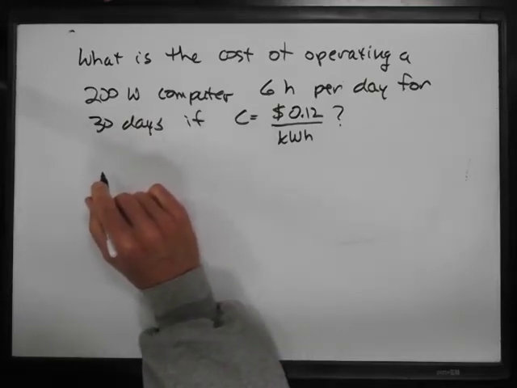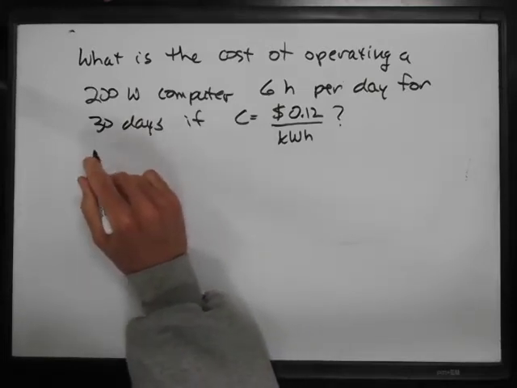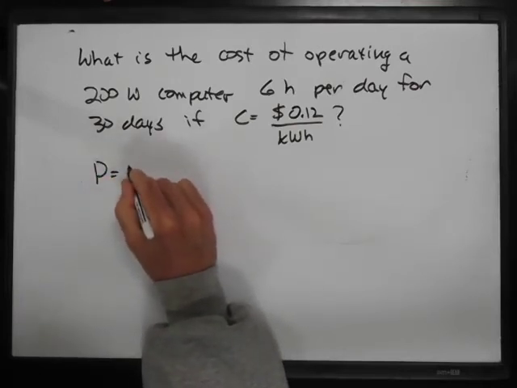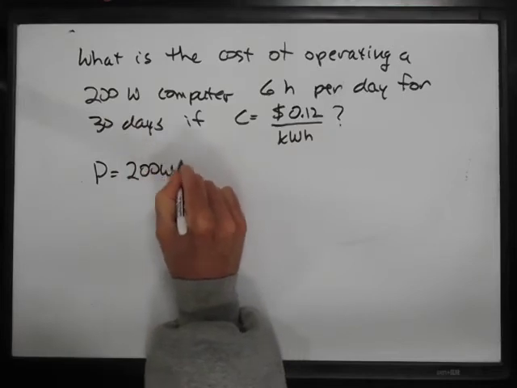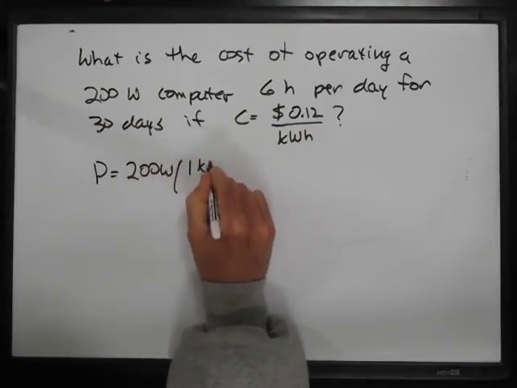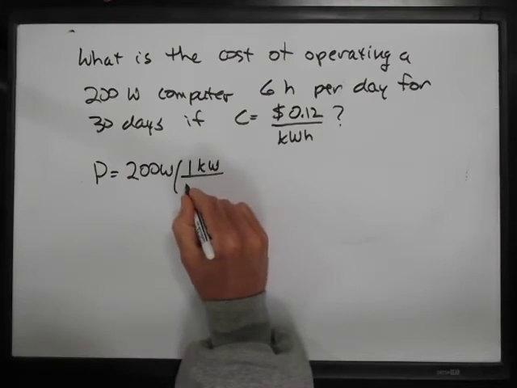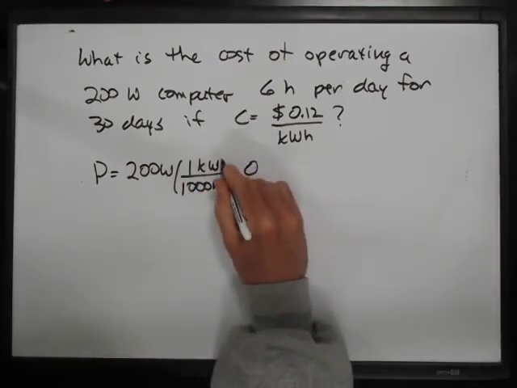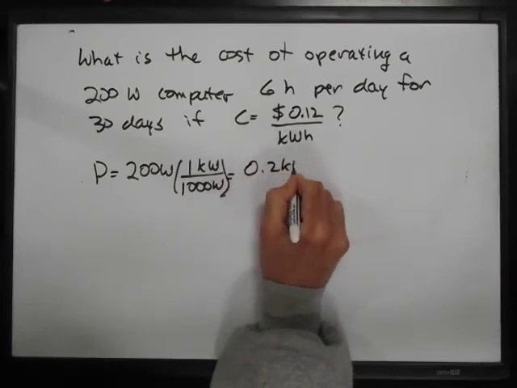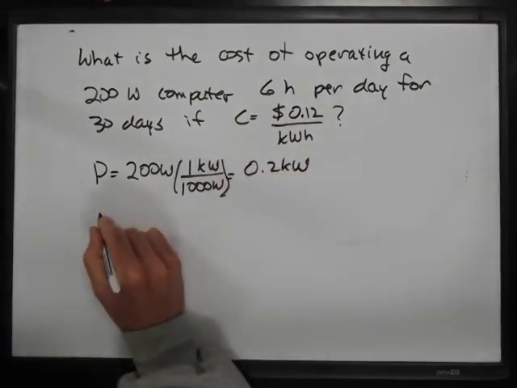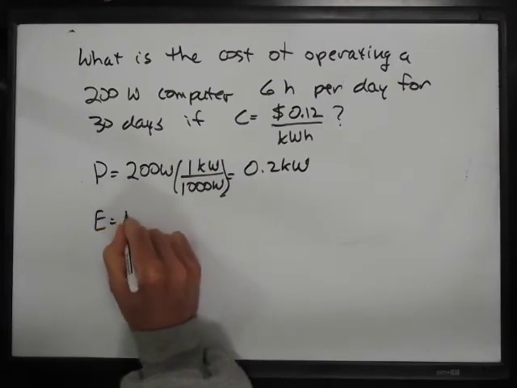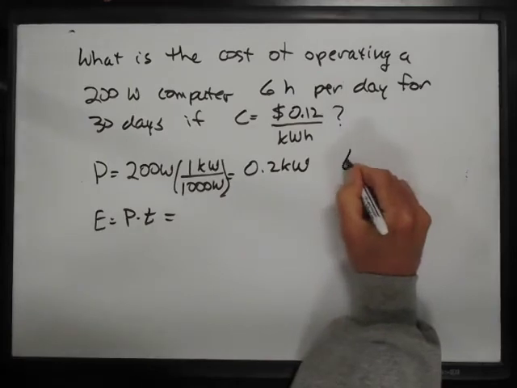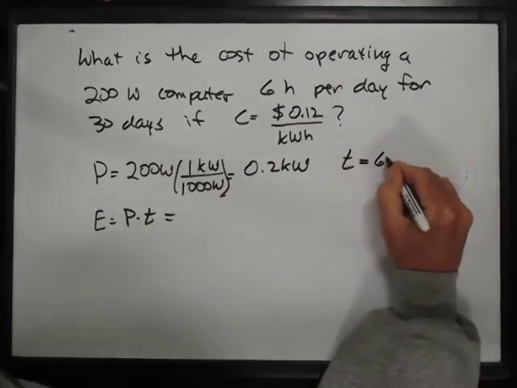And so the power is equal to 200 watts. If I want to multiply that by 1 kilowatt to get it in kilowatts over 1,000 watts, then that's 0.2 kilowatts, right? And then energy is equal to the power times the time, right? And so the time is 6 hours.